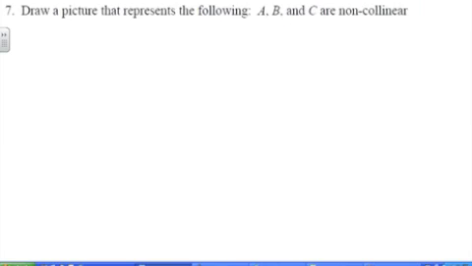All right. Number 7 says, draw a picture that represents the following. So let's see, we just have some capital letters here. What does that mean? Those are points. So we want 3 points that are non-collinear. Okay, that's easy enough. Let's see, I'm going to use this, and I'm going to make it bigger.